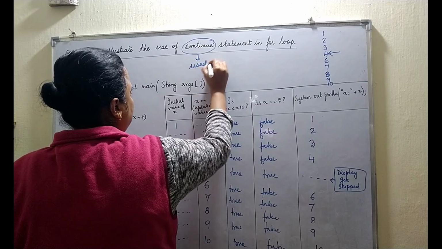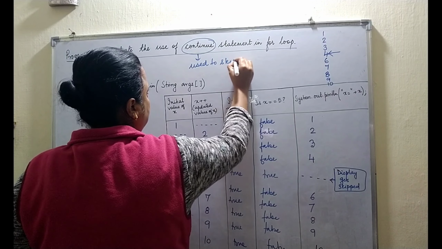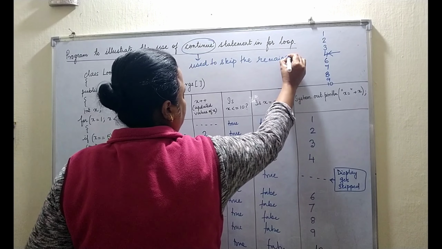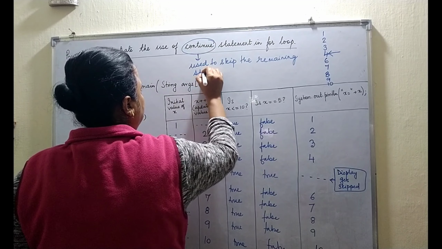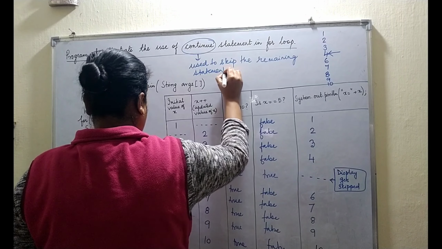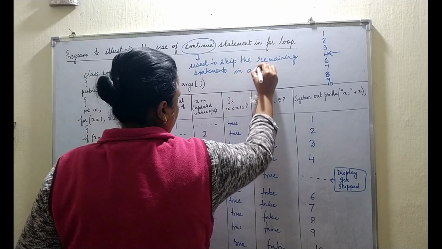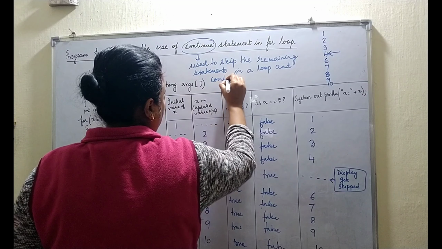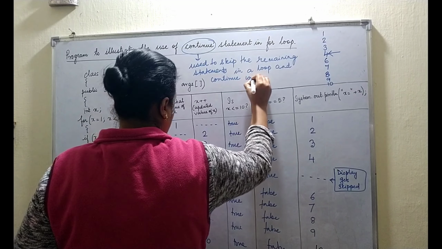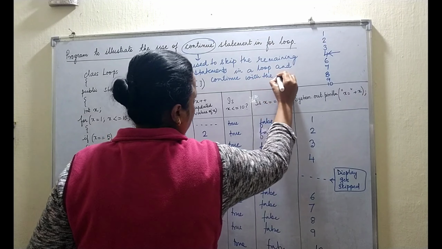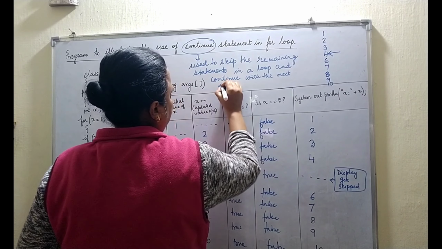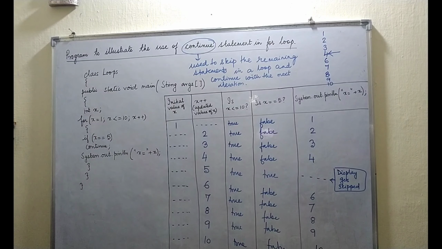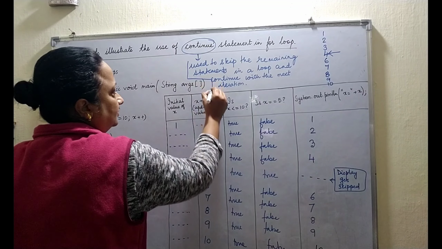It is basically used to skip the remaining statements in a loop and continue with the next iteration. So you have to remember this particular part.